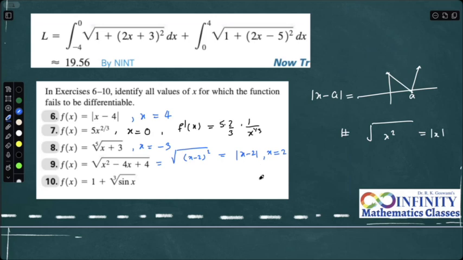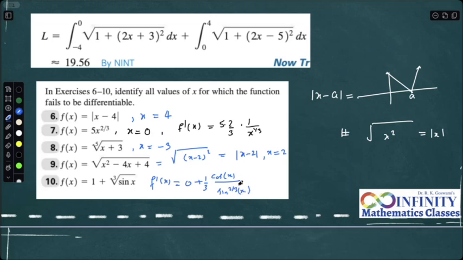Right? In number 10, if you just look at the question, there is something sin x exponent 1 by 3. So when you differentiate this term, you will have 1 by 3, cos x over sine power 2 by 3 x.